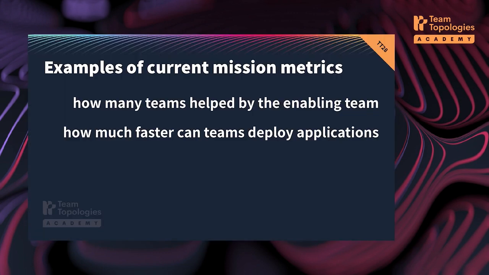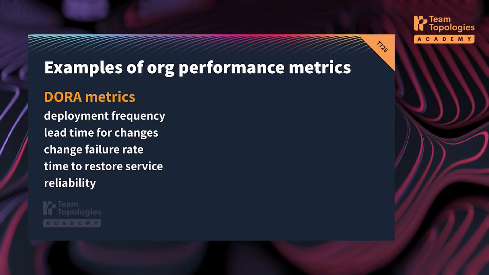Another set of metrics that indirectly reflects the impact of enabling teams are organizational performance metrics. These metrics are more generic and aim at capturing the overall performance of teams and the organization, not the mission-specific metrics of individual enabling teams. Examples of such metrics are the popular DORA metrics.